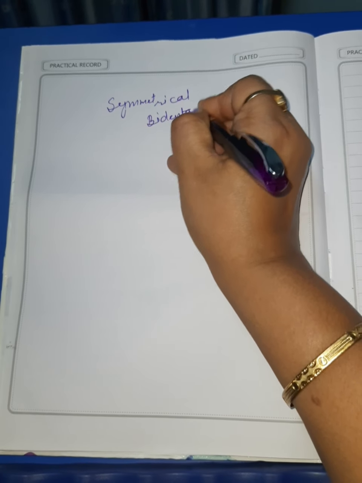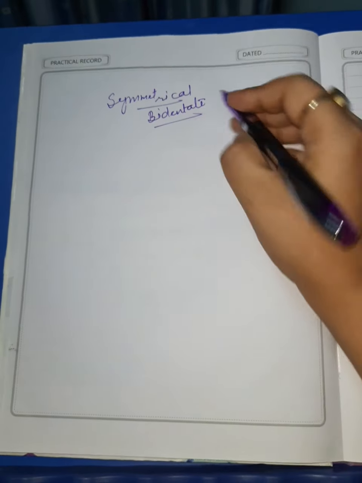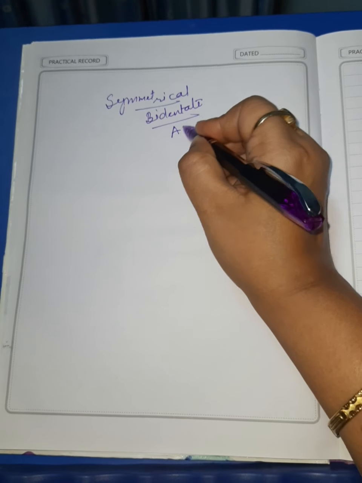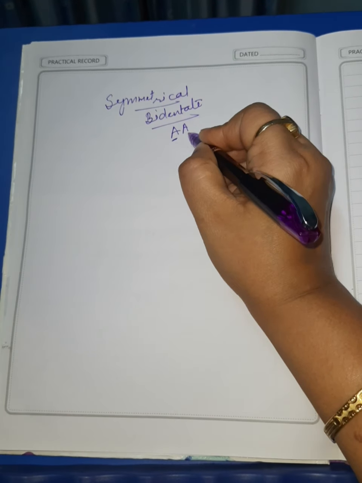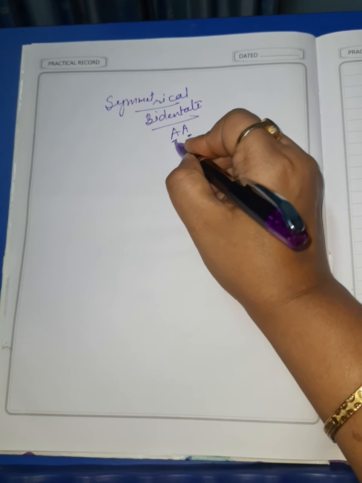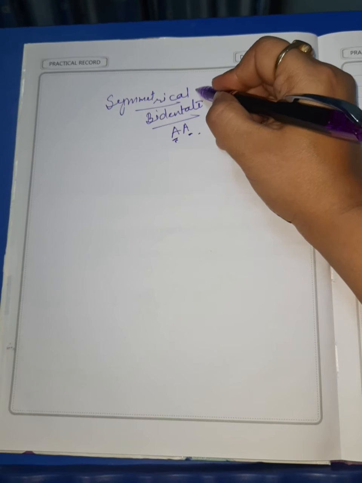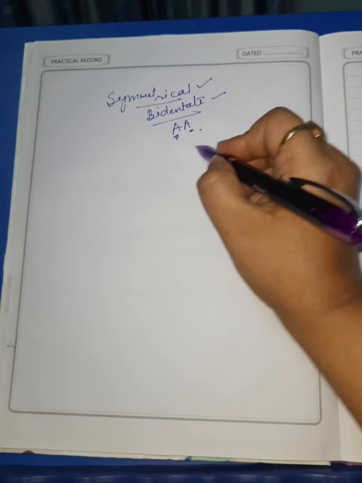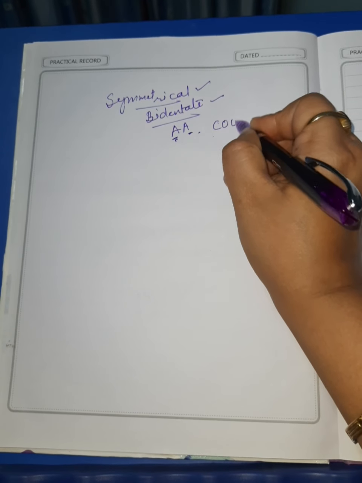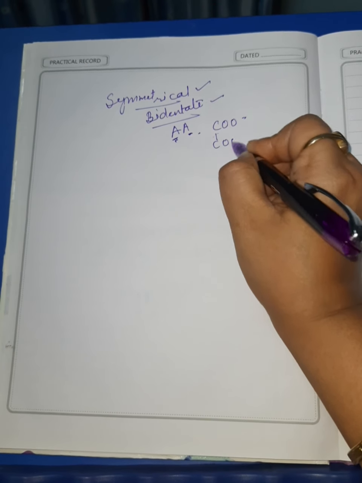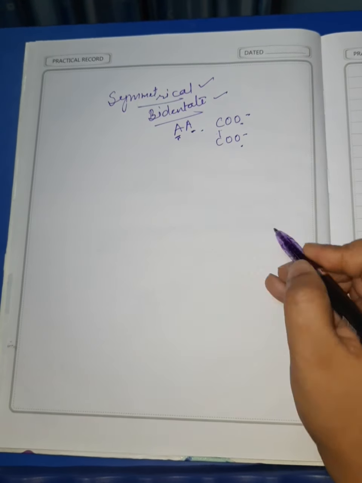In case of a symmetrical bidentate ligand, I represent it using AA, which means both the donor atoms are the same. That is why we are calling it symmetrical bidentate. The best example of this is oxalato, COO minus, single bond COO minus. Donor atoms are the same, oxygen.